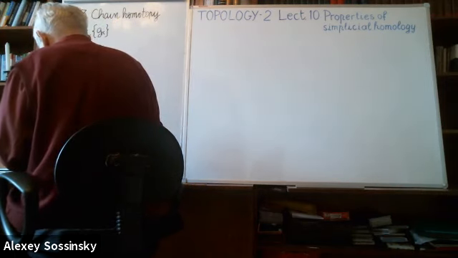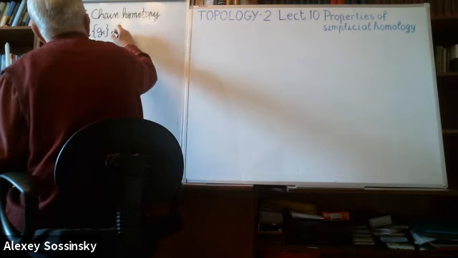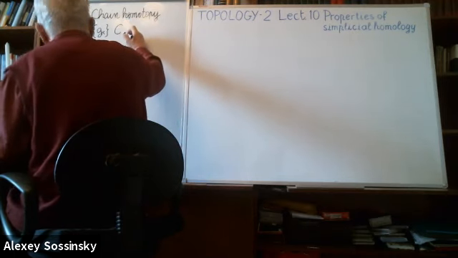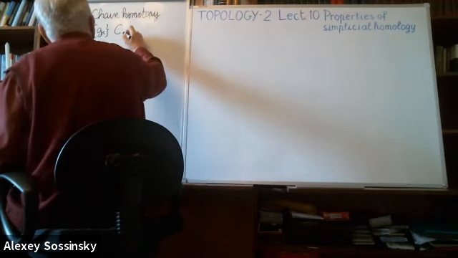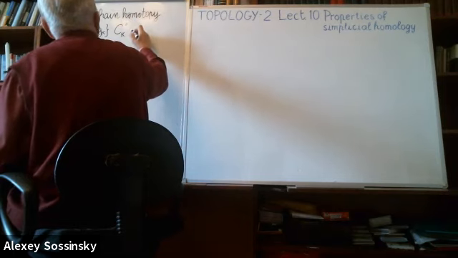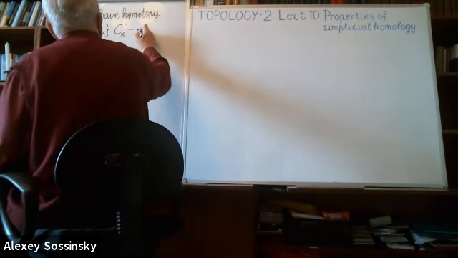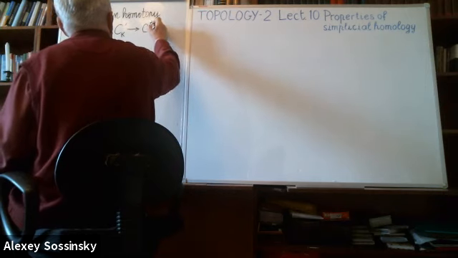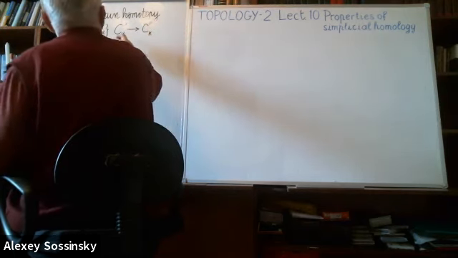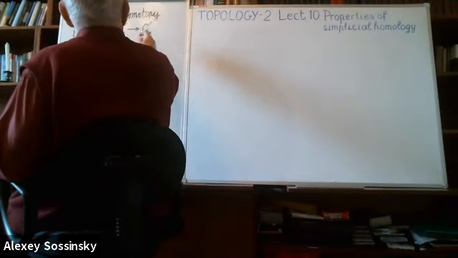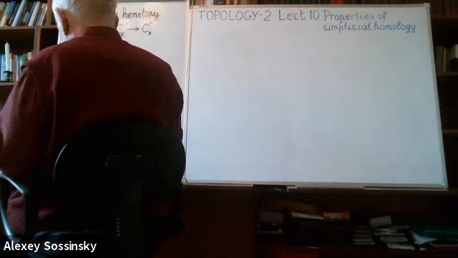They're maps of chain complexes, of chain groups, Ck to Ck prime to Ck double prime.